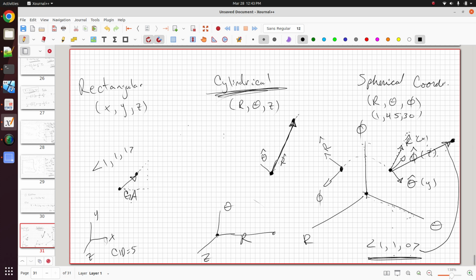And then my theta is going to be here. So here, if we walk along the x, we walk along the y, and then the z, this vector, depending on where the point is in the spherical or the cylindrical coordinate system, the vectors could be in completely different directions.